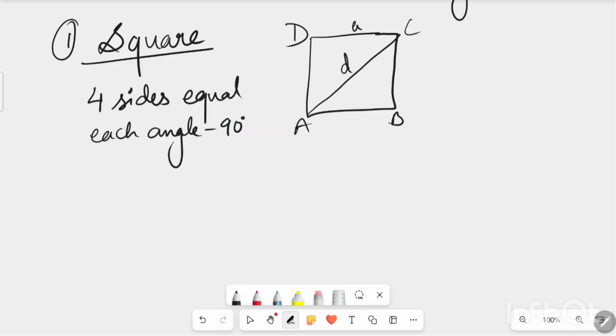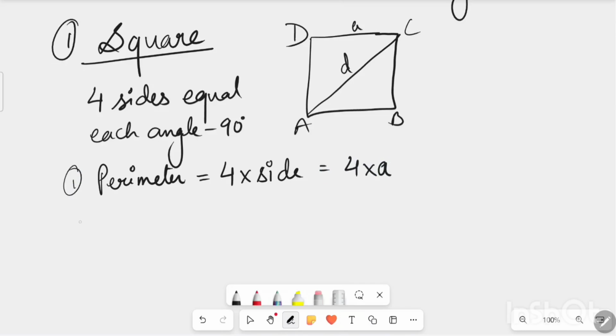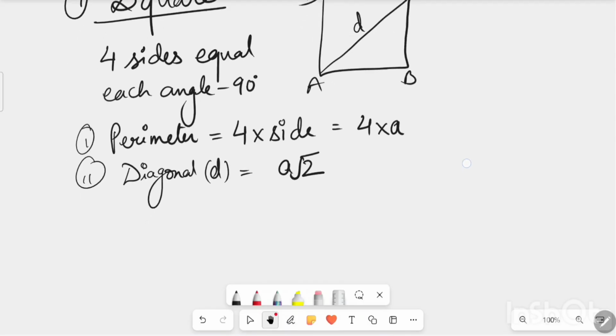Its perimeter is 4 into side, that is 4 into A. Diagonal is D, which is A root 2, where A is the side and D is the diagonal.